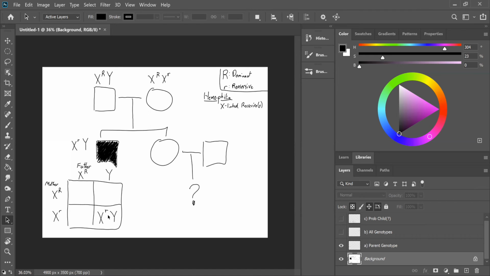Since he inherited that X chromosome from his mother, at minimum one of her X chromosomes must have a little r, and because she does not have hemophilia, her other X chromosome must have a big R. That's why her X chromosomes are big R and little r.